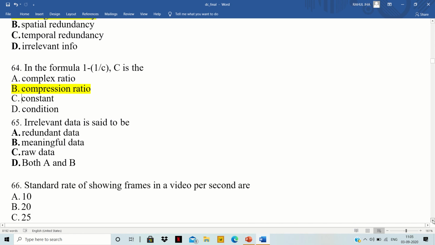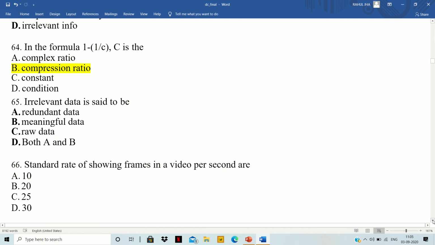Irrelevant data is said to be A redundant data, B meaningful data, C raw data, D both A and B. If the data is completely irrelevant, it means there is no use of it, so that data would be redundant data and we can remove it.